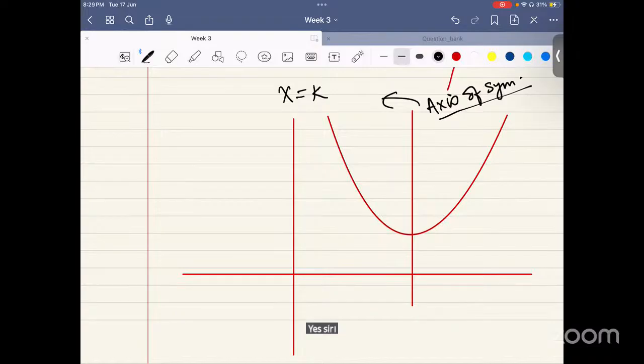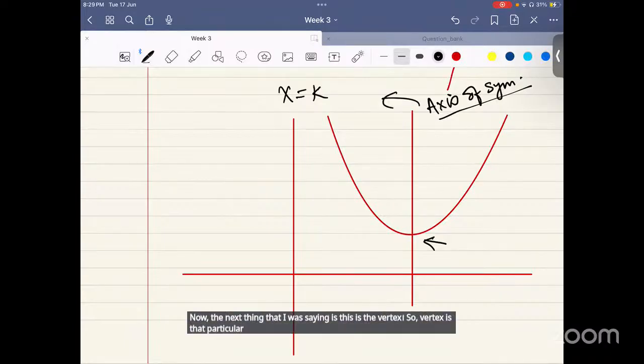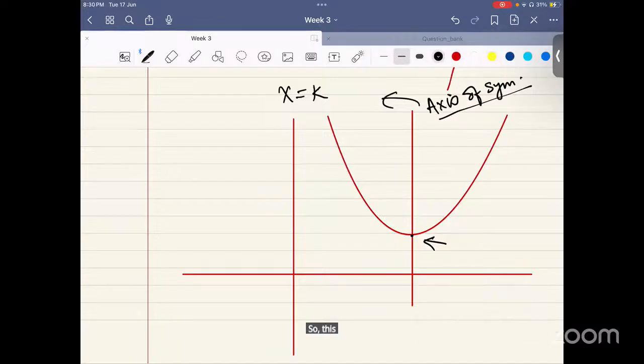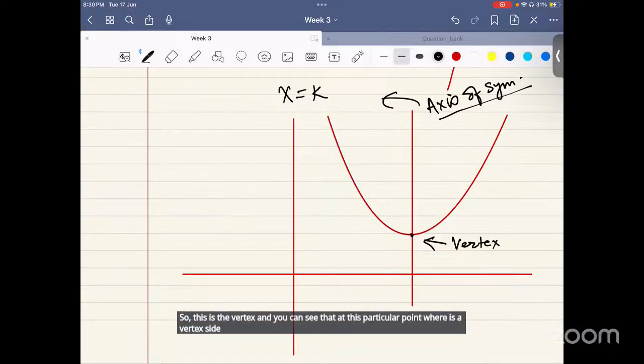Okay. Now the next thing that I was saying is, this is your vertex. The vertex is that particular point where your parabola is meeting your axis of symmetry. And you can see that at this particular point, where this is the vertex, if you draw a straight line, that will be parallel to the x-axis. That means the slope here is 0 for this line.